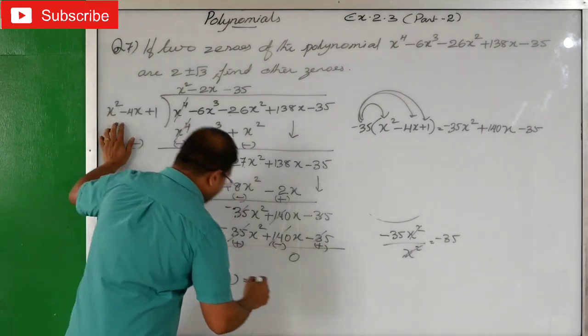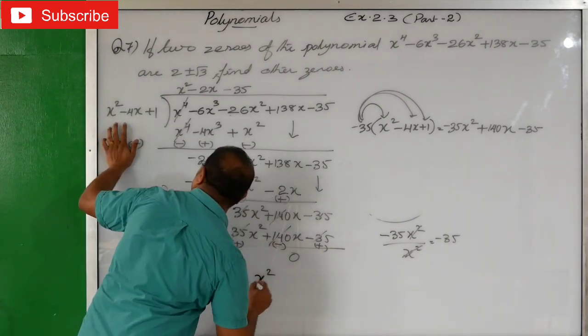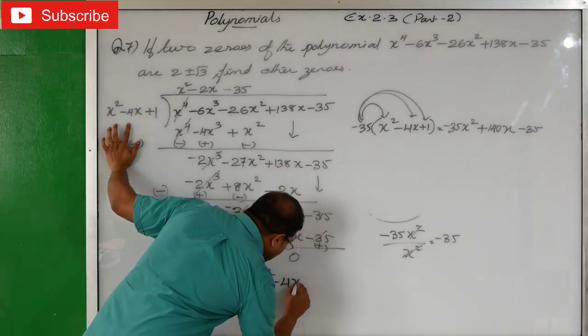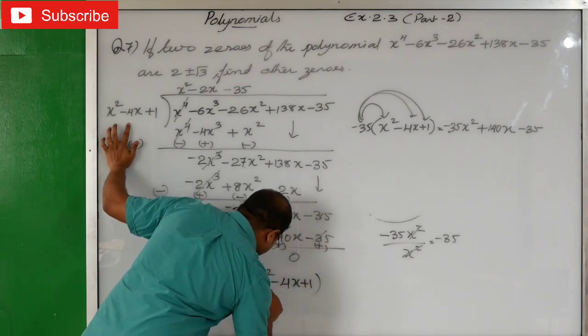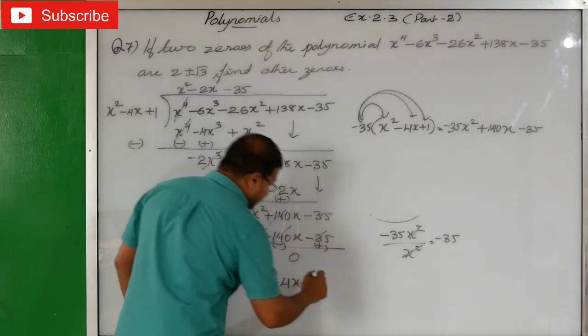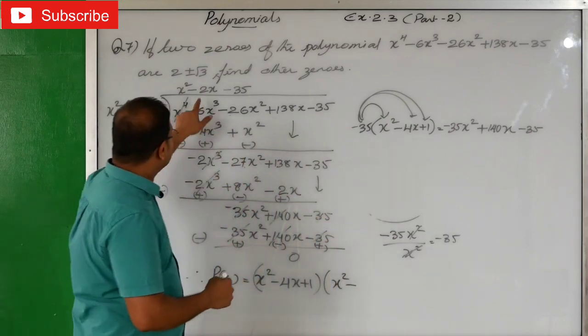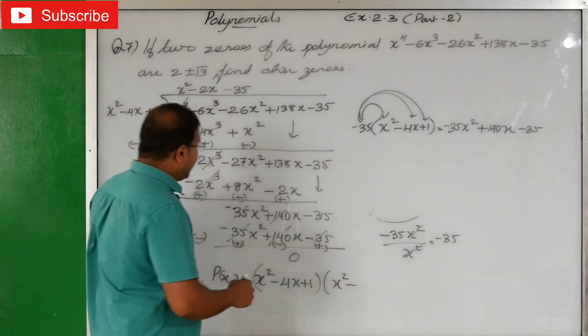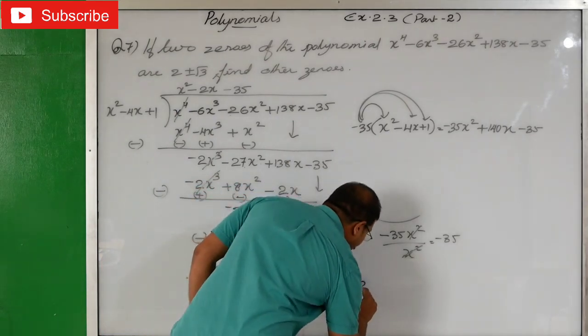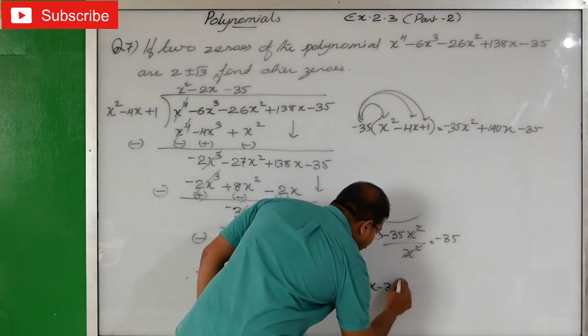That means what you will write? X square minus 4x plus 1 into quotient. What is that? X square minus 2x minus 35.